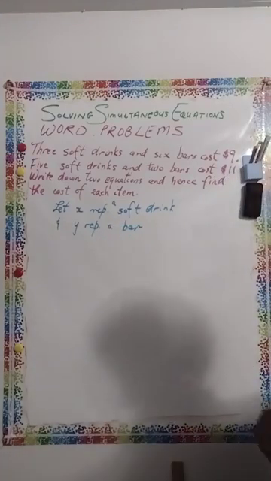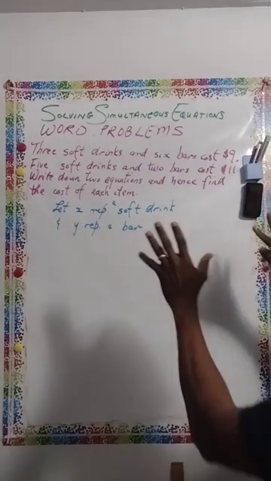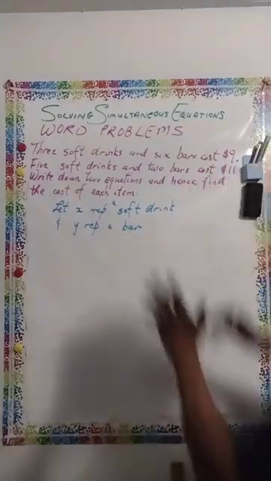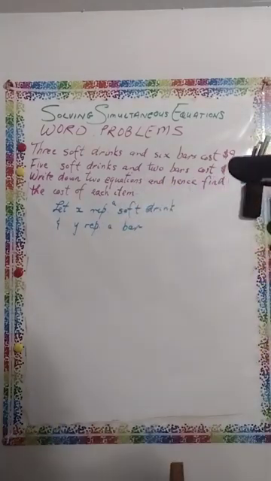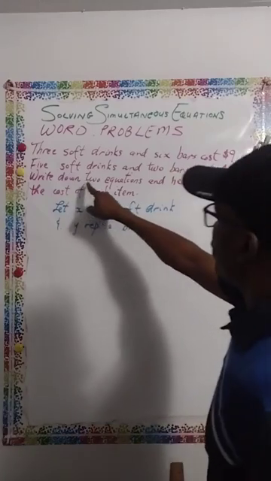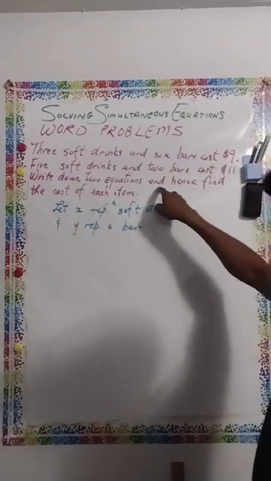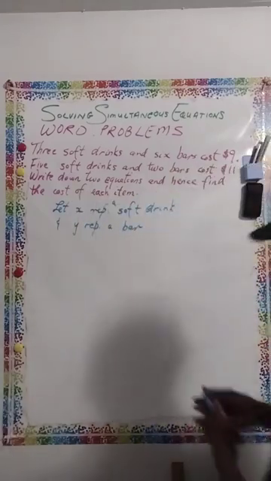So now we're going to note what we're using, and continue to read again and write down 2 equations. Then we're going to solve them, right?